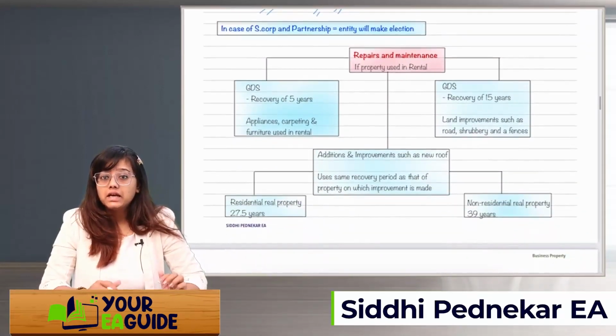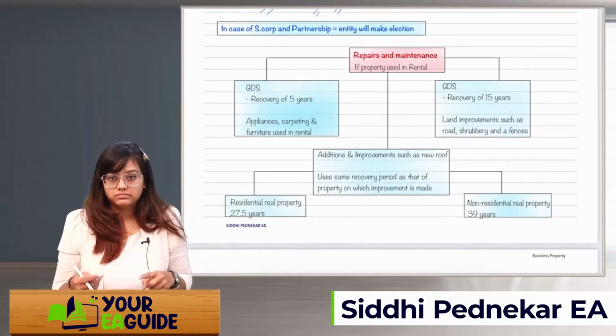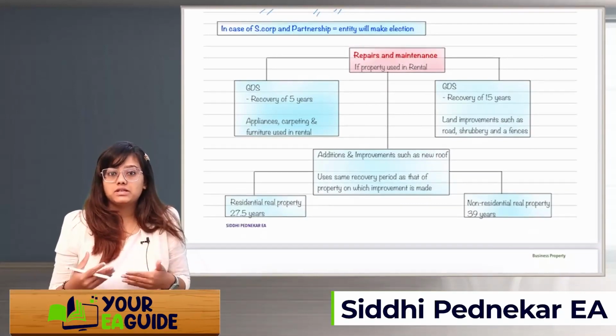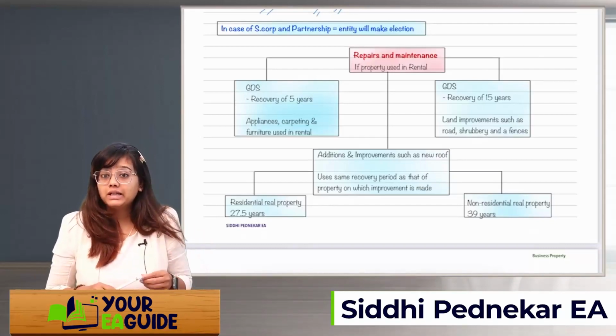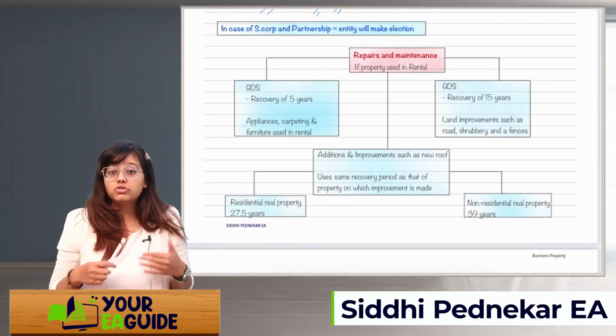Now let's see, if it's a repair and maintenance and the property is used in the rental business, then GDS 5-year recovery will be used in case of appliances, carpeting, and furniture used in renting property.